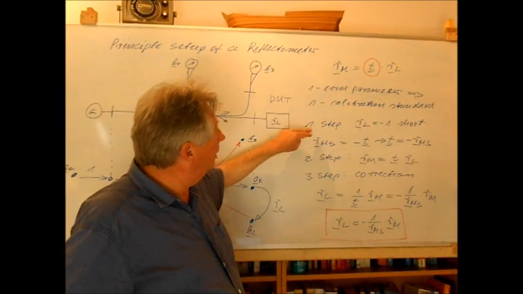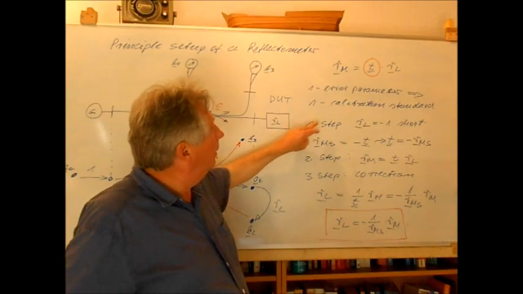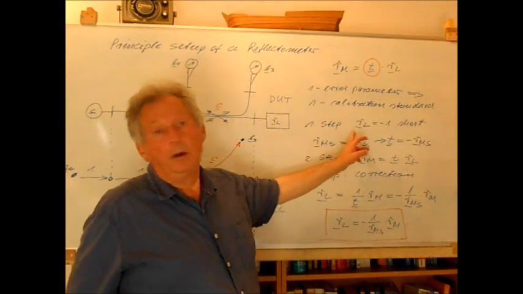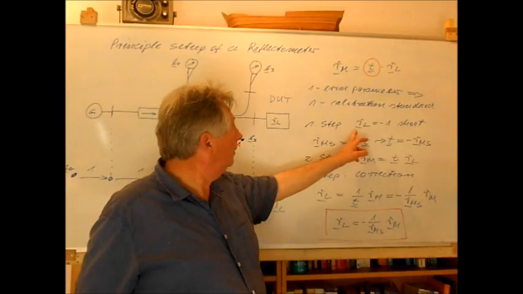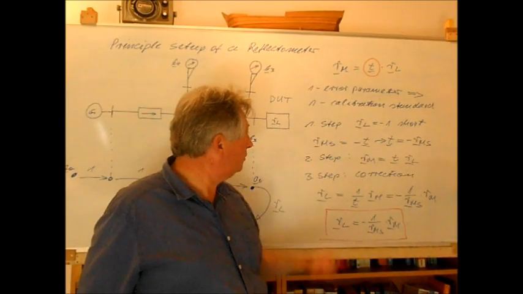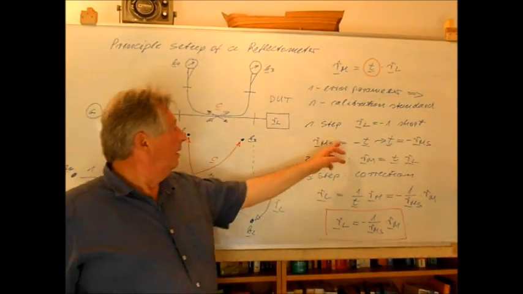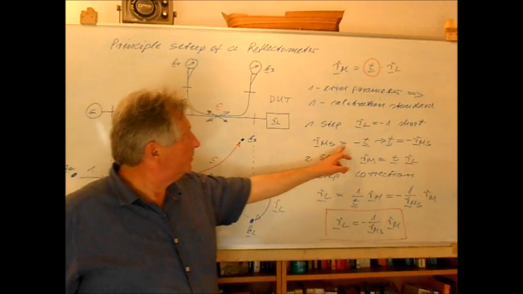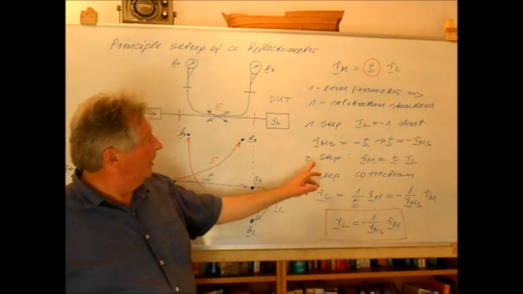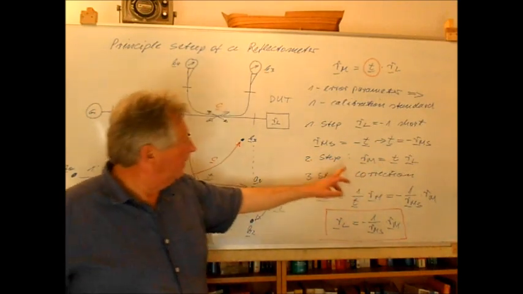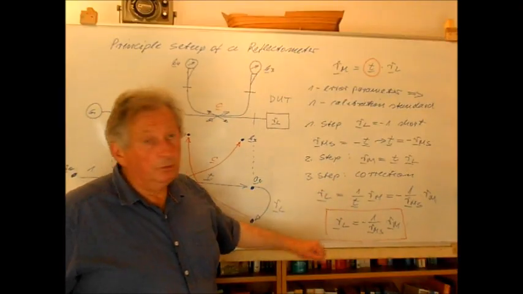To do this, in the first step we measure a calibration standard. In our example we use the short circuit. Then we do the measurement again, and then in a third step we do the correction.